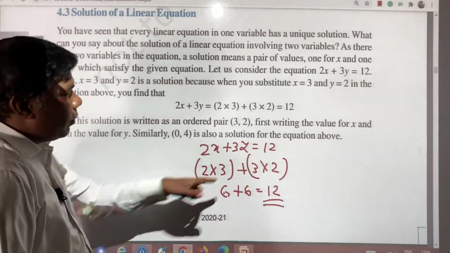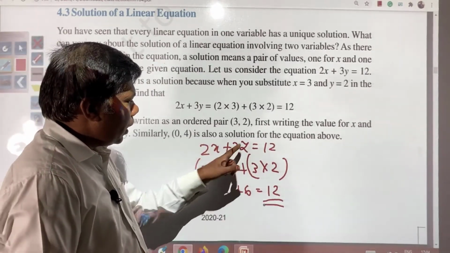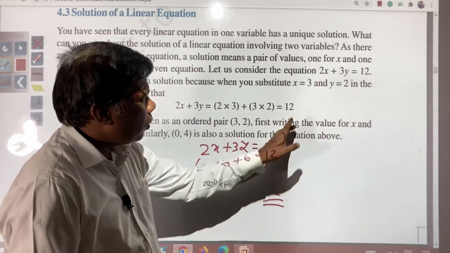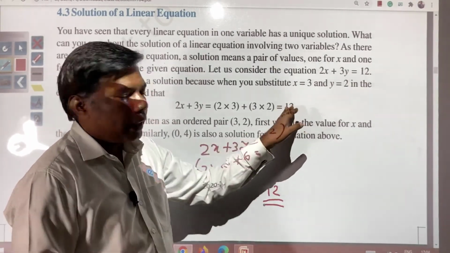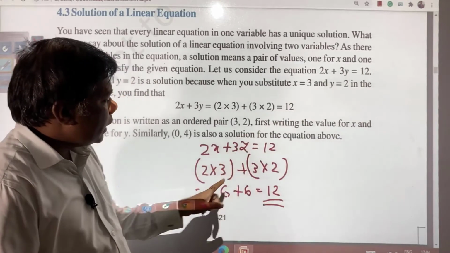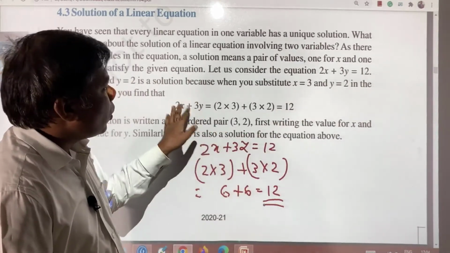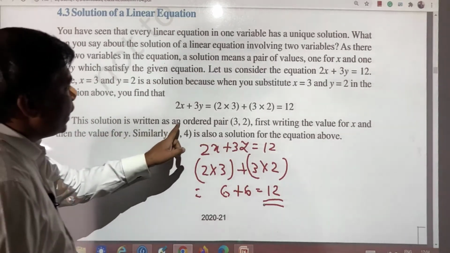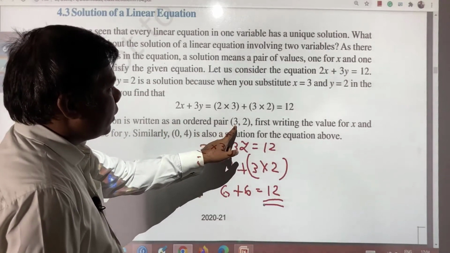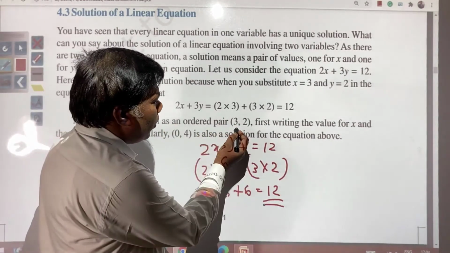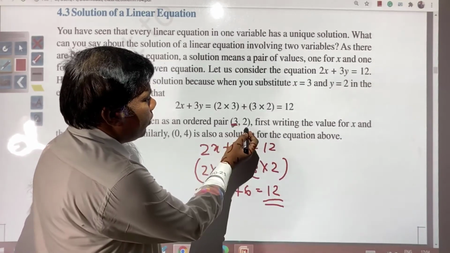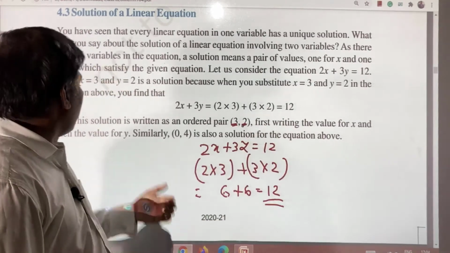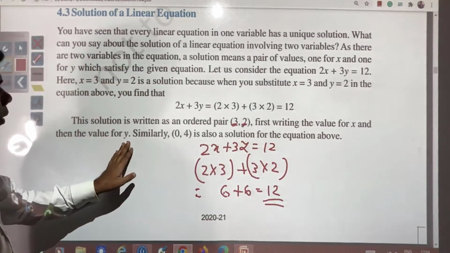It means if you are putting x = 3 and y = 2, the value you are getting is equal to the value which is on the right side. It means these x and y are the solution of the given equation. This solution is written as an ordered pair, (3, 2). It means the value of x is equal to 3 and the value of y is equal to 2. First writing the value of x and then the value of y.